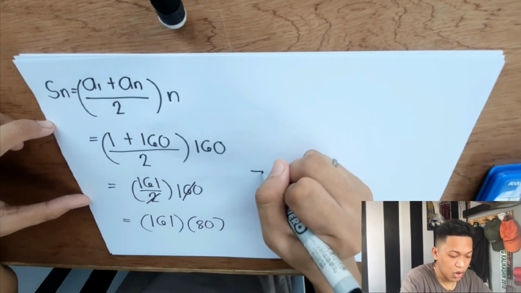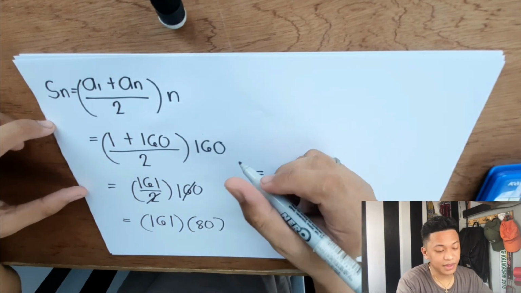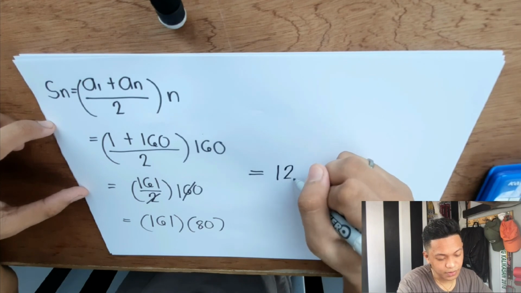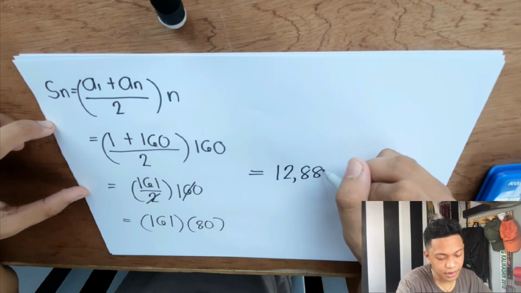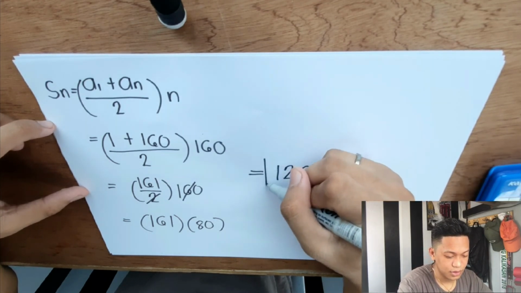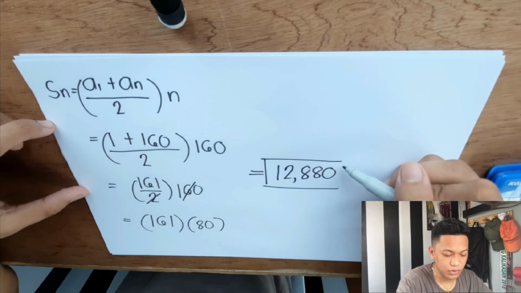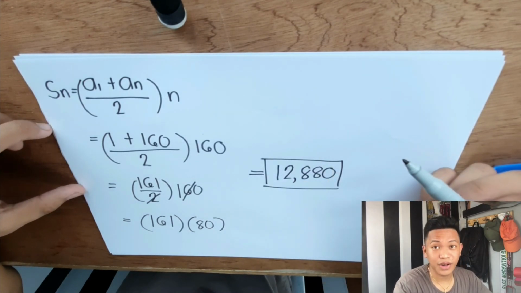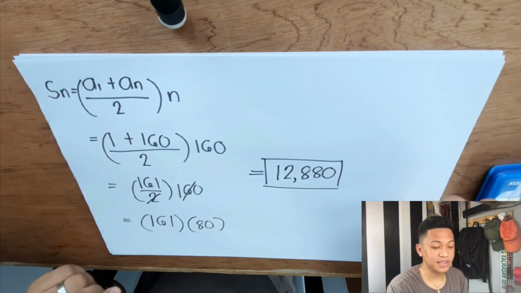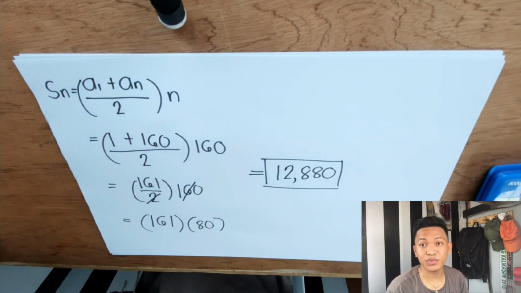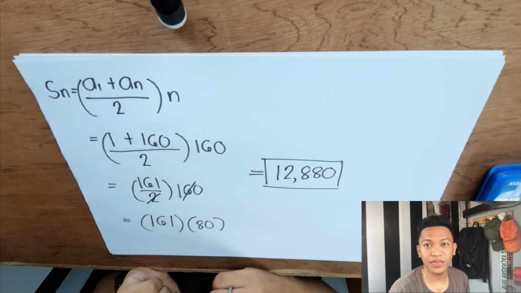So, magiging 161 times 80 is 12,880. So, that is our answer. And this is the second way in finding the sum of the first 160 counting numbers.